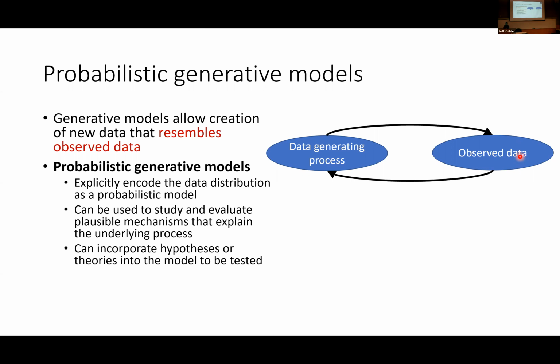And you can incorporate different hypotheses or theories into the model to be tested. These can all go into constructing that data generating process. It also provides a principled framework for model extension, for different data types like dynamics, which I'll talk about today.